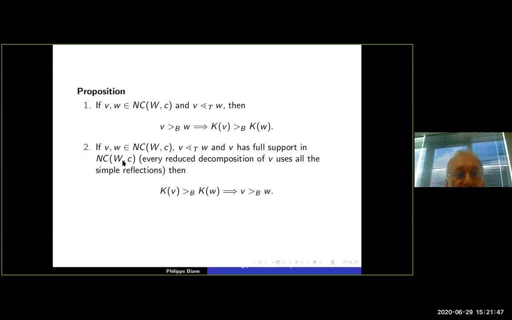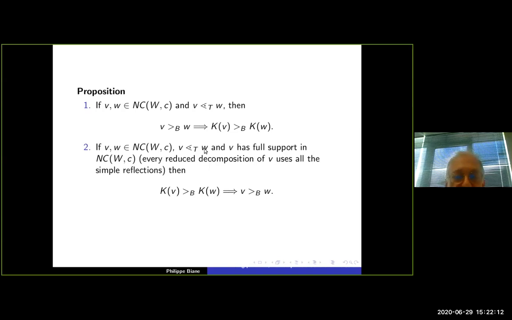There is a kind of converse to this proposition, which is the following. If V and W again form a cover relation, so V is smaller than W, and now we suppose that V has full support in the set of non-crossing partitions, that is, if we look at a reduced decomposition of V, then it uses all the simple reflections.